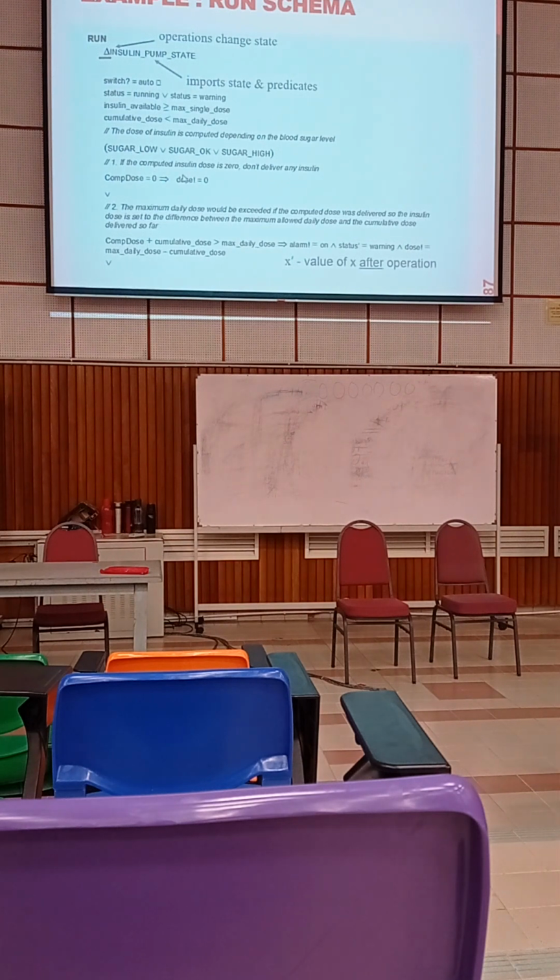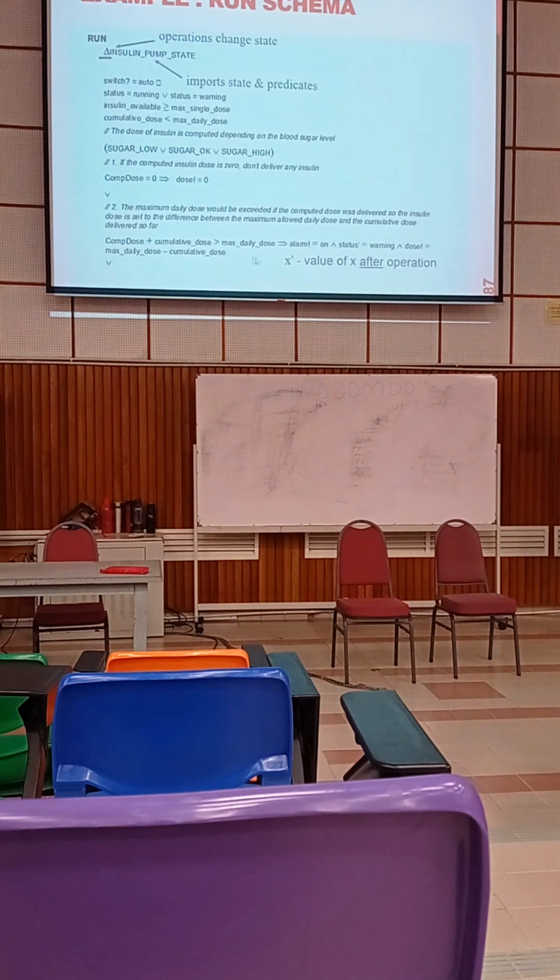If the computed insulin dose is 0, don't deliver any insulin. This is the calculated dose available. That is 0 means no stock, no insulin in your device. So don't deliver. See, just simple to write, no long sentence. No need to waste time writing long sentences.